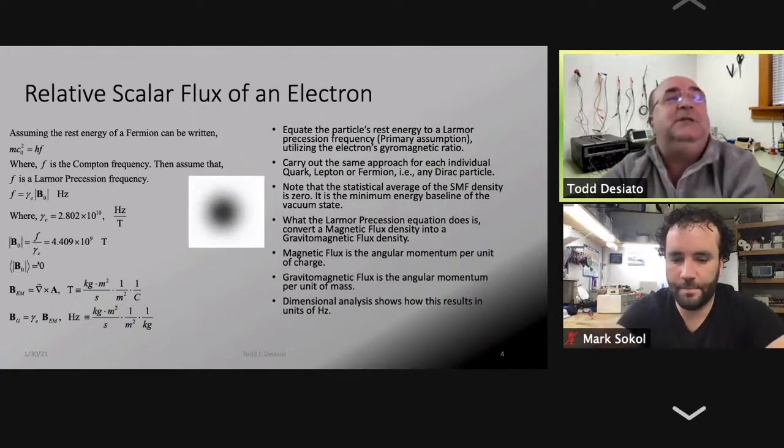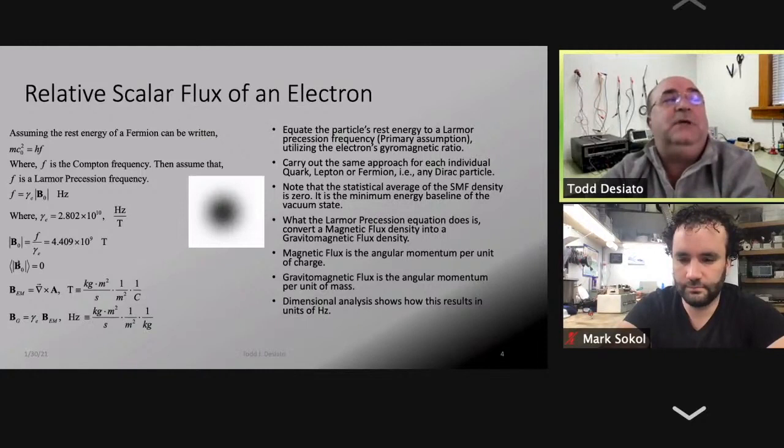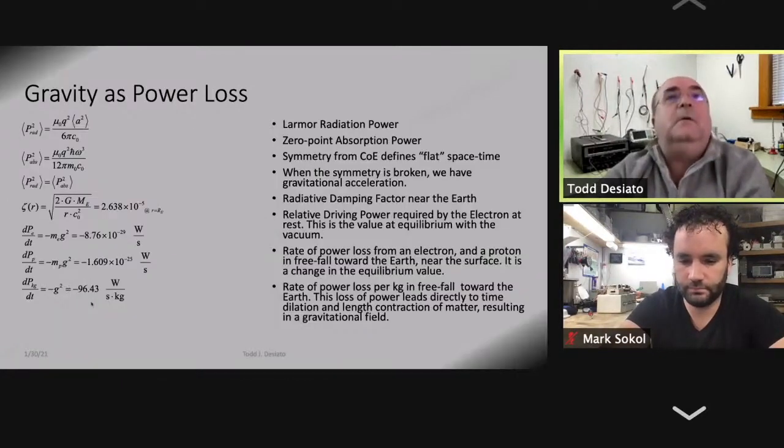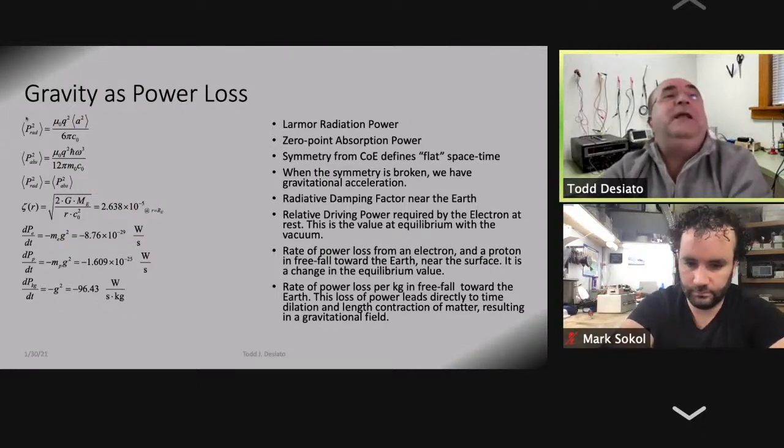But because this is a scalar field that has no direction, the statistical average is zero. Okay, so when you have Larmor precession, you have a radiated power, and the mean square fluctuation in radiated power is this equation.